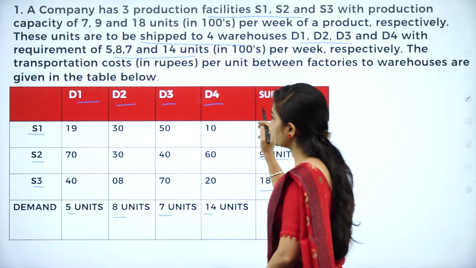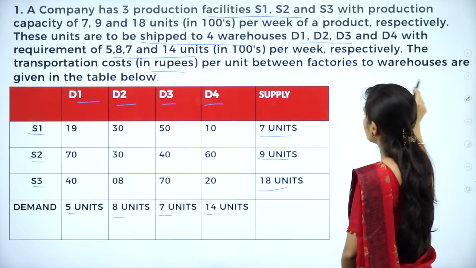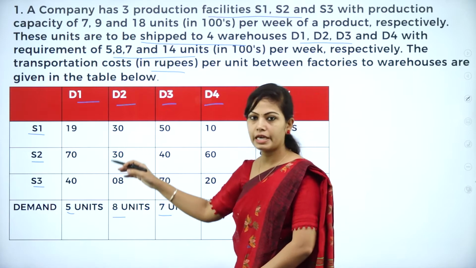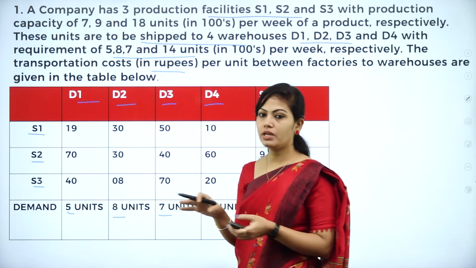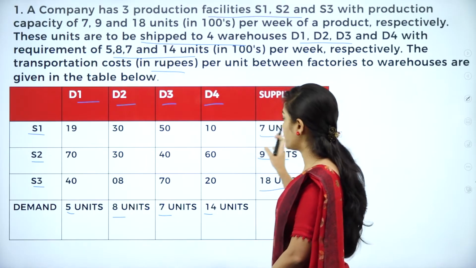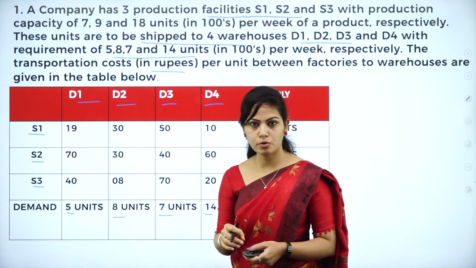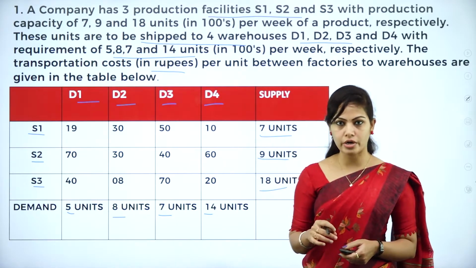The transportation cost in rupees per unit between factories to warehouses are given in the table below. Here they have given one table with sources and destinations, and we have supply and demands for that. We have to find the total minimum cost using northwest corner method.